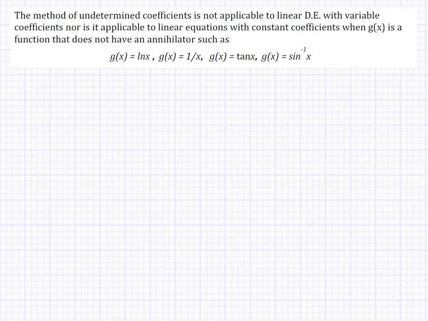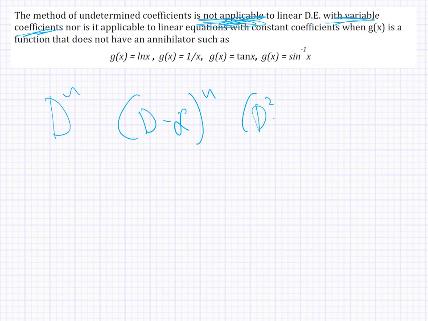All right, so this method using annihilators and undetermined coefficients, it's not applicable if we have variable coefficients. It only works if we have constant coefficients. The reason is all our annihilators, whether it's d to the n or d minus alpha to the n, or even our d squared minus 2 alpha d plus alpha squared plus beta squared to the n, these are all our annihilators.